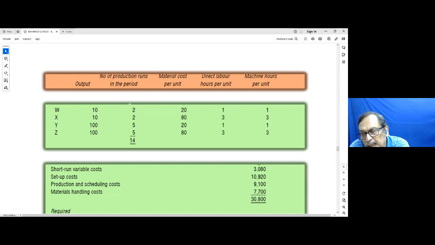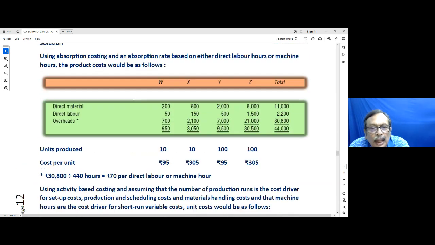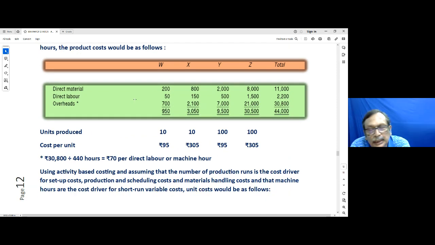Whatever may be the rate, the direct labor hour rate and machine hour rate is the same here, that is rupees 70, and accordingly we charge the common cost, that is 30,800, over W, X, Y, and Z as 70, 2,100, 7,000 and 21,000.